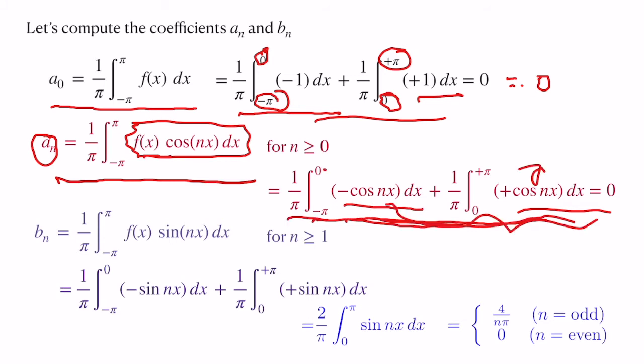The coefficients bn will not be 0, and they are given by 1 by pi, integral from minus pi to plus pi of f of x sin nx dx, for n greater than or equal to 1. That is 1 by pi, integral from minus pi to 0 of minus sin nx, plus 1 by pi, integral from 0 to pi of plus sin nx.